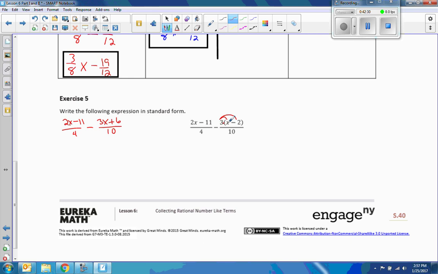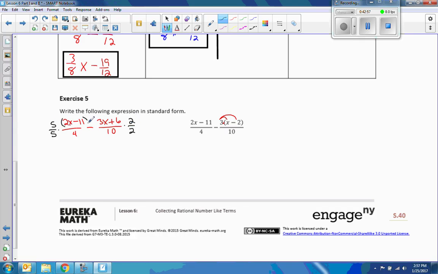That's a negative 3 times a positive x, which gives us a negative 3x, and a negative 3 times a negative 2 is a plus 6. So the signs change with parentheses. Now I'm going to multiply each to get a common denominator. I multiply this by 5 over 5, and I multiply this by 2 over 2.